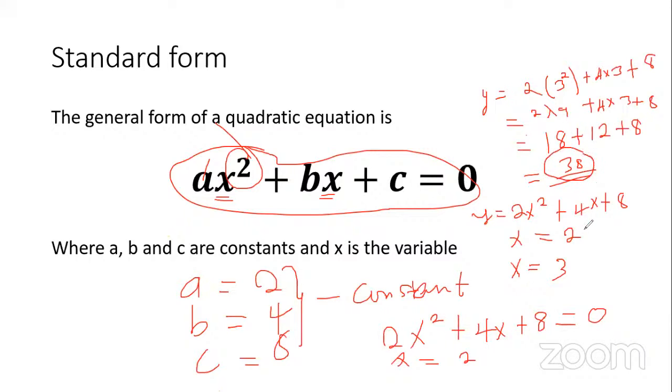When we substitute for x equaling 2, we get 24. So why we said x is a variable, because as we change the values of x, the answers we get keep on changing. So that is why we say x is a variable. I hope that is understood. Yes.